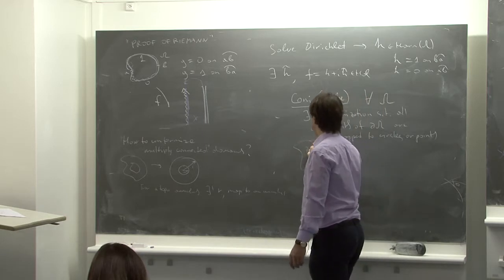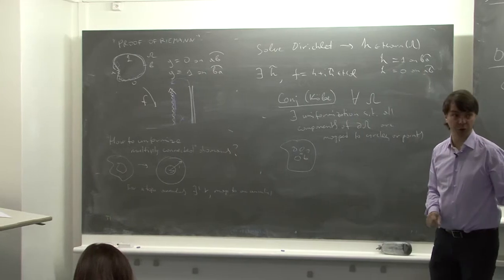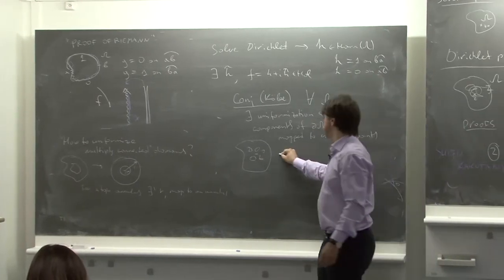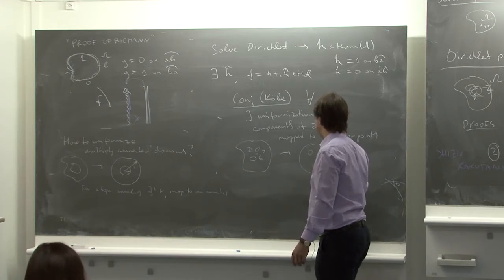Basically, if you have a domain, there are many holes. There might be uncountably many holes, that's why you need points. So it's mapped to something which looks like this. Maybe a Cantor set.